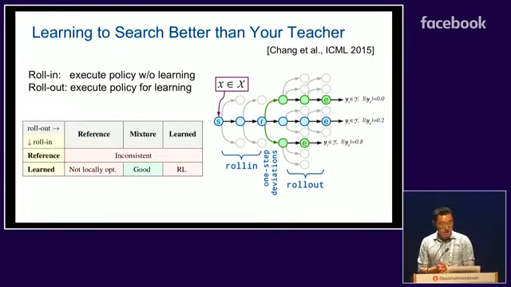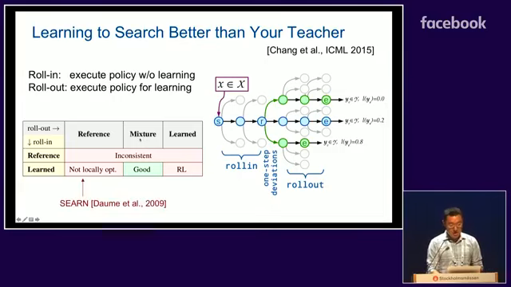And so what this paper analyzed was different combinations of roll-in and roll-out. If the expert that's providing us labels or trajectories in the search space is not optimal, then you actually want the roll-in to be from your learned policy, and your roll-out to be from a mixture between your learned policy and the expert policy.